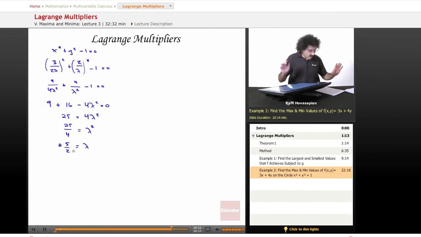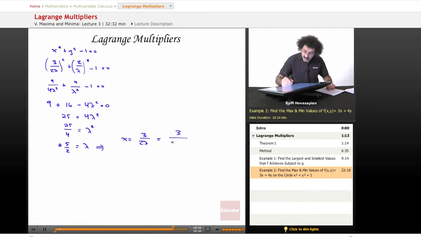Okay, so we found lambda. Now it should be not a problem. So now that we found lambda, well, x is equal to 3 over 2 lambda. So when I put that in there, well, let's do it all.